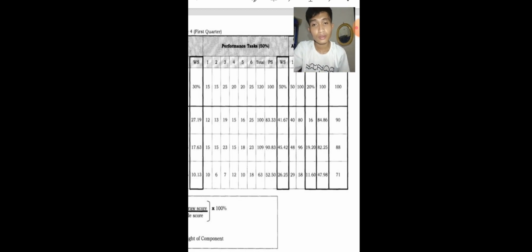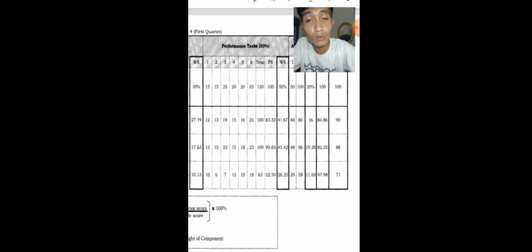The same applies to the performance task, where we have a total highest possible score of 120. Learner A got 100 total points, learner B 109, and learner C 63. The same as what we did in the written works, we divide the raw scores obtained by learners A, B, and C by the highest possible score, which is 120, and after that, we multiply it by 100 to get the percentage score.